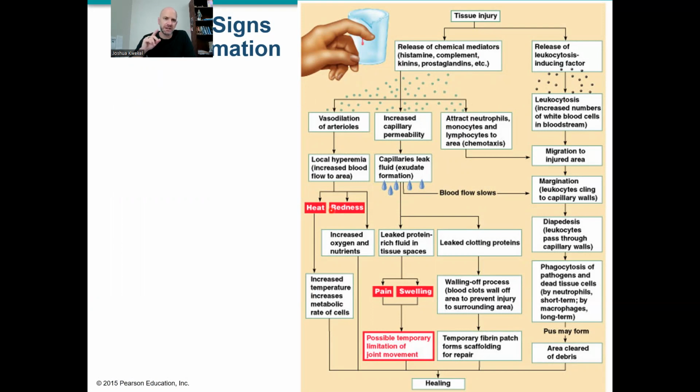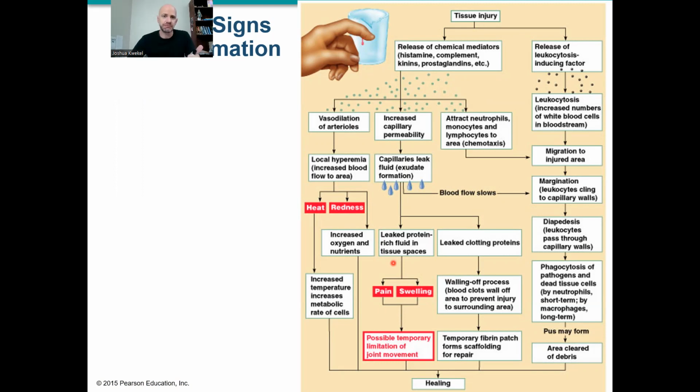Heat is calor, like calorie. Redness is rubor, red. Pain is dolor, and swelling is tumor. Tumor just means a swelling. Now we tend to think of a tumor as cancerous, but it just means a swelling, in this case, swelling of fluid. So calor, rubor, dolor, and tumor. Those are the 4 cardinal signs of inflammation.